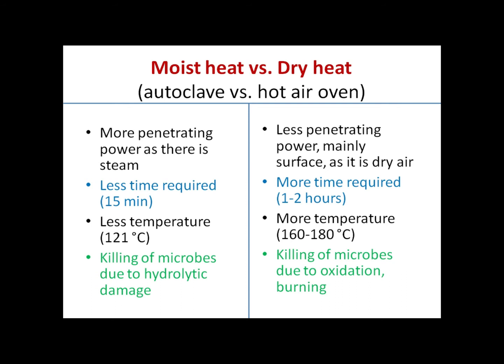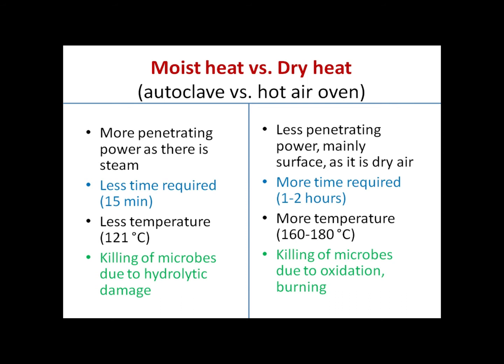Now, moist heat and dry heat can both be used for sterilization, but there are some differences. This difference also reflects the differences between the autoclave and the hot air oven in their functioning.